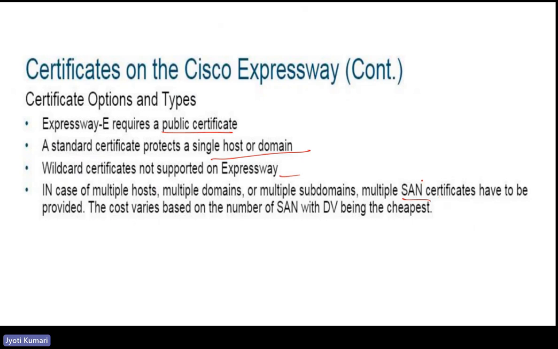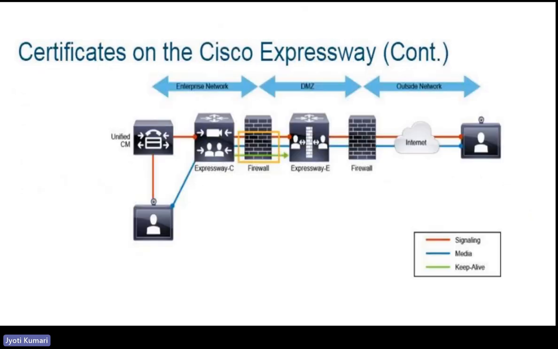SAN stands for Subject Alternative Name. The cost varies depending on the number of SANs, and DV is the cheapest. This is a method we can use, but in the case of Expressway E, because it will be a public certificate, the cost will vary. The process remains the same.